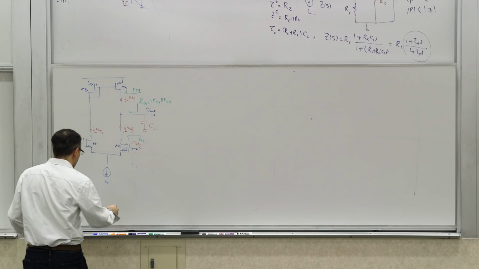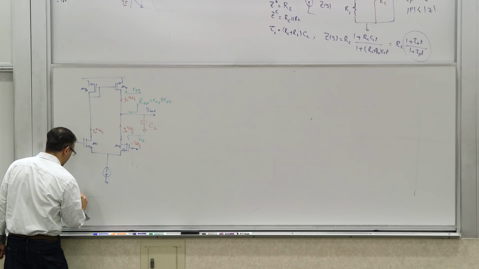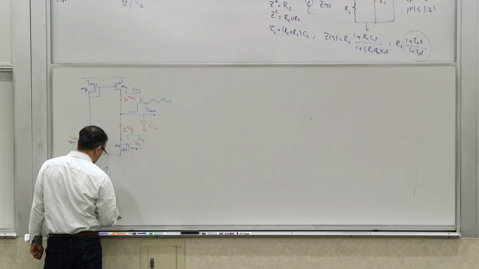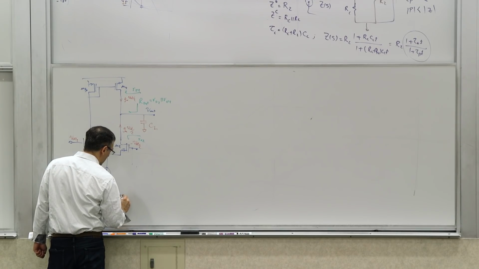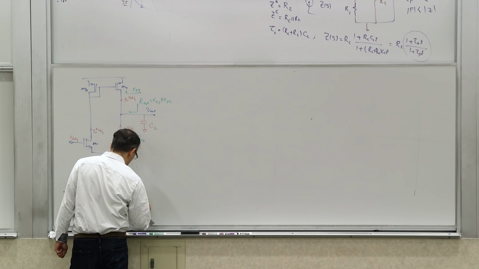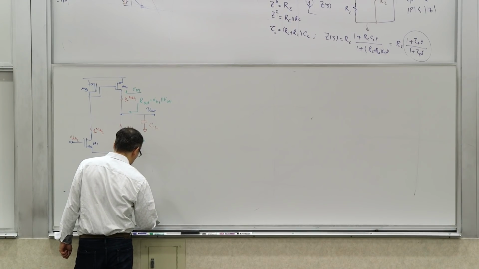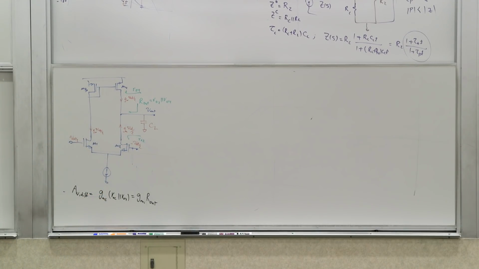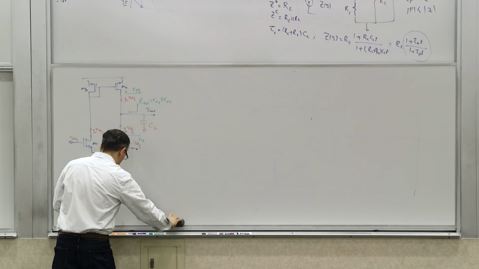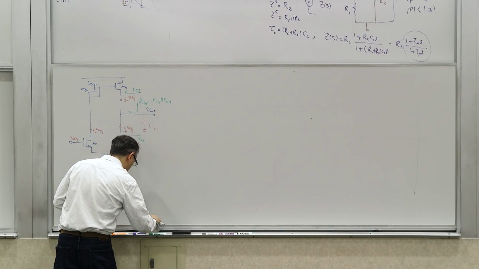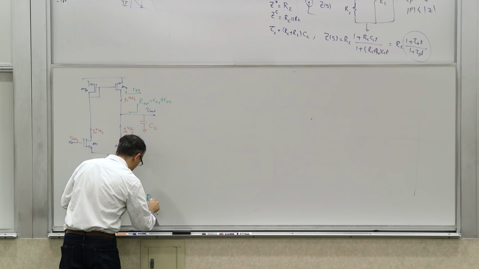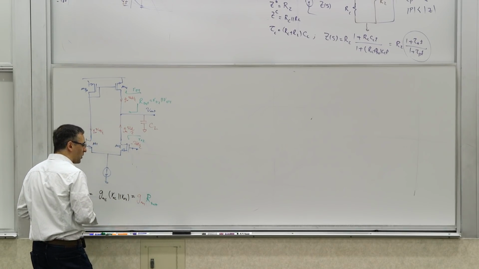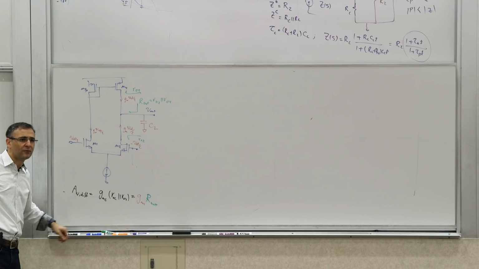The gain of this thing, AV differential, is GM2 or GM1, doesn't matter, times RO2 parallel RO4, or in other words, GM1 times R out, the parallel combination. Okay, so that's the gain of this thing. This is the differential low frequency gain.